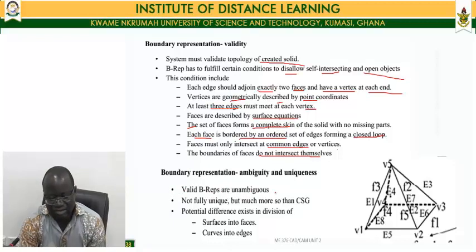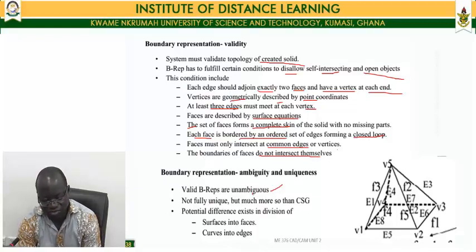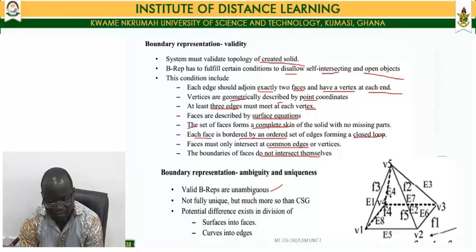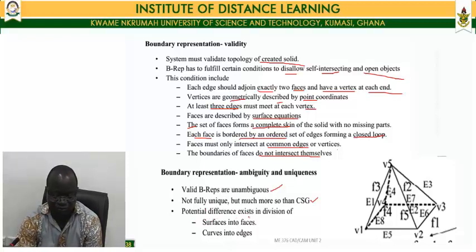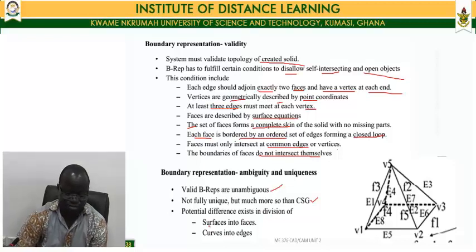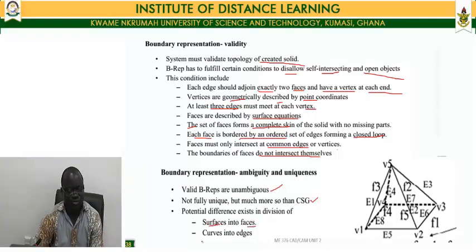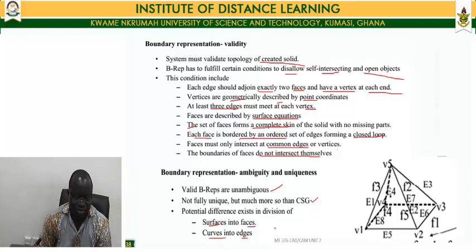However, the uniqueness is a little questionable. It is not fully unique, just like in constructive solid geometry. There are potential differences in the division of surfaces into faces and curves into edges. So we come to the advantages of boundary representation.